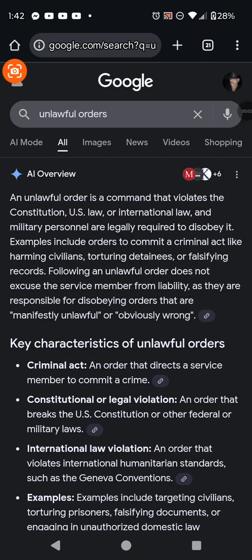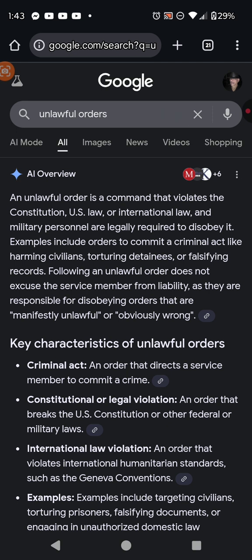Okay, unlawful orders. An unlawful order is a command that violates the Constitution, U.S. law, or international law, and military personnel are legally required to disobey it.